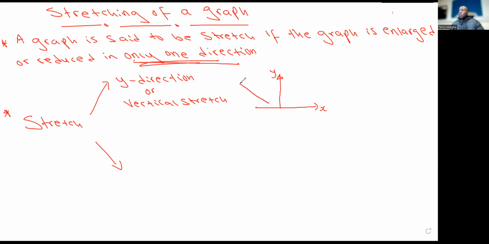A stretch in the y direction, or the vertical stretch, implies that the new graph will be stretched in this direction, towards the y direction. The new graph you're going to have will be something like this. So you see the initial graph has been stretched in the y direction to give you this new graph.